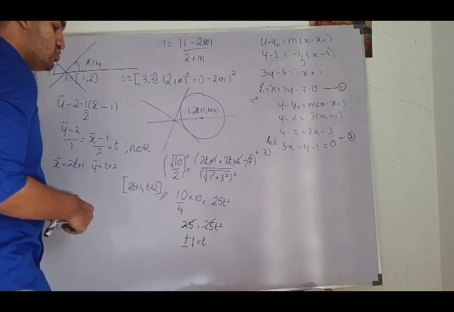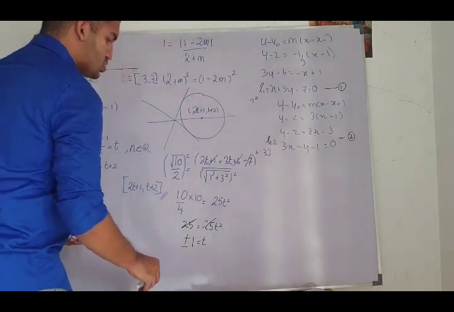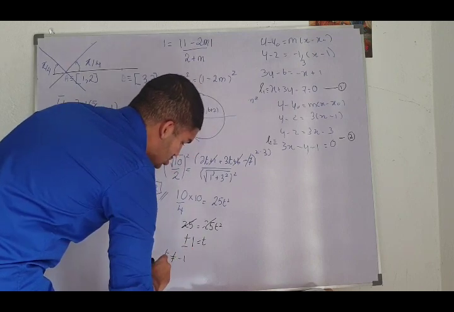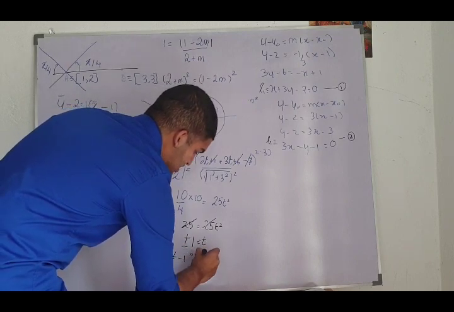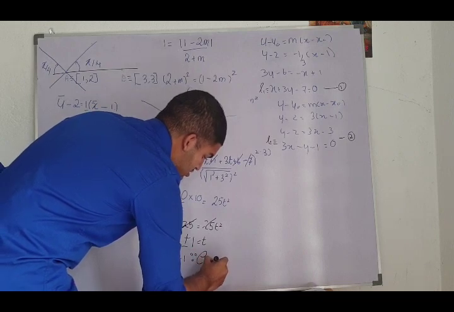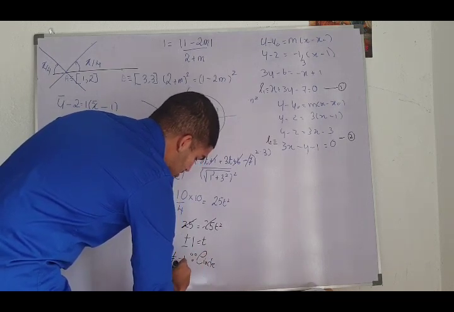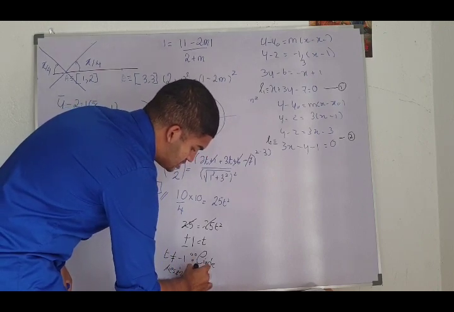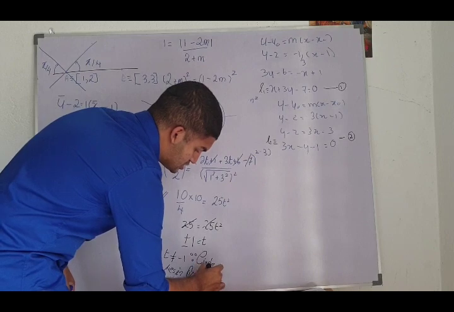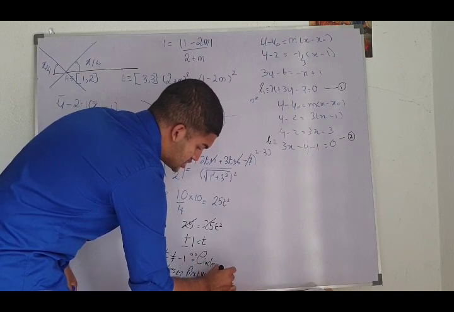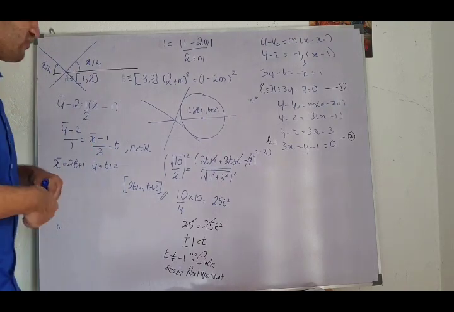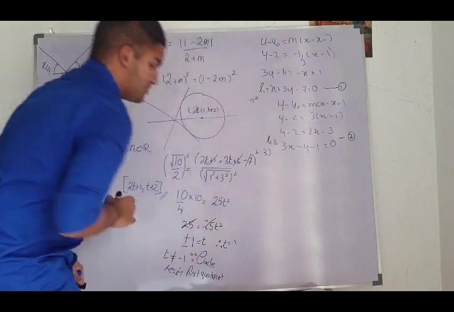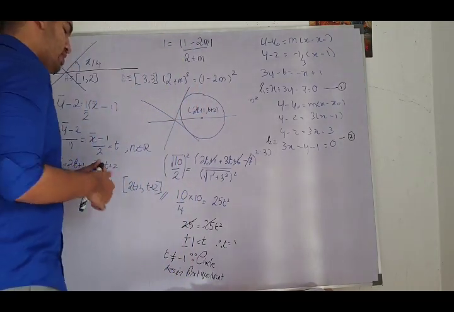So t equals plus or minus 1, t not equal to minus 1 because the circle lies in the first quadrant. So therefore t equals 1.